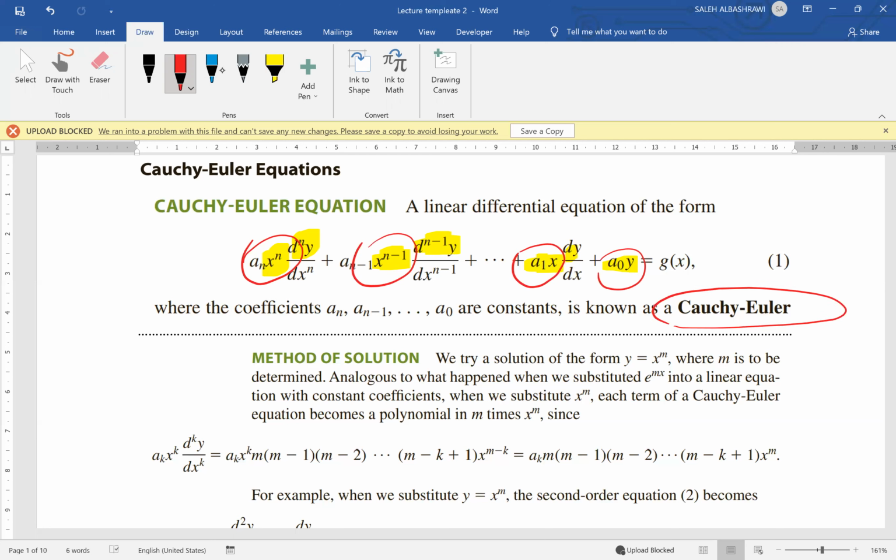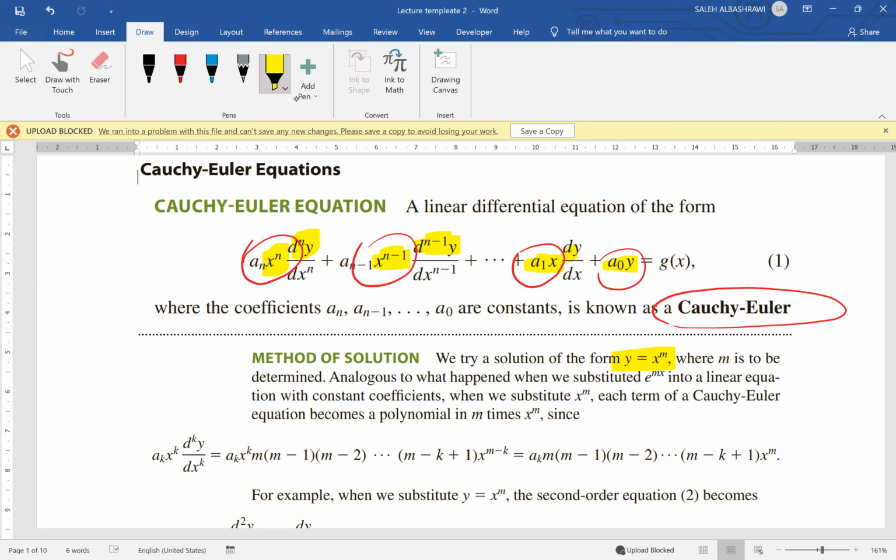To find the solution for this type of equations, we will substitute y equal to x to power m, as we did for the auxiliary equation of a linear differential equation with constant coefficients. There we replaced y by e to power mx. But for this type of equation, we substitute y by x to power m.